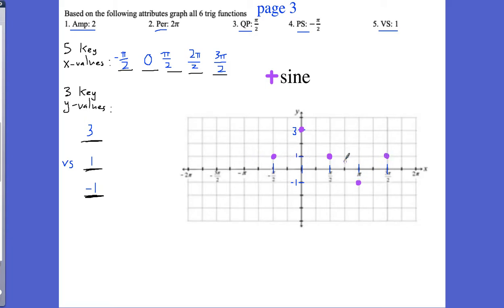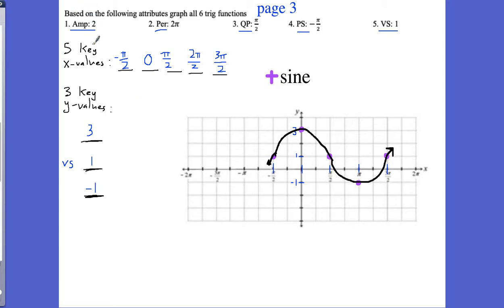Notice I'm only putting dots at the intersections of my key x values and key y values. And then I simply draw the curve. Let's do it in black. It passes through those points, over just one period of the curve, and it does continue on in both directions infinitely. So that is our sine curve.